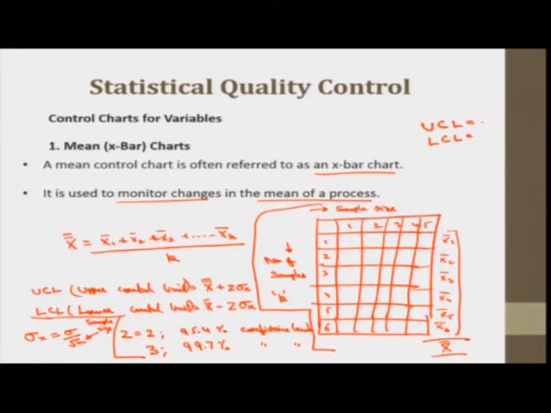So, the upper control limit here can be given as x double bar plus A2 into R bar. Because I need to plot both the charts, I will calculate the R value and then calculate this value. The lower control limit is x double bar minus A2 into R bar. So, these constants are connecting the x bar chart to the R chart.